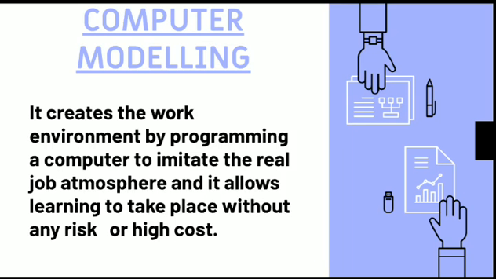It avoids accidents and mistakes that may take place in the real work atmosphere. How to operate the machineries and perform a job is learned through programming in a computer.